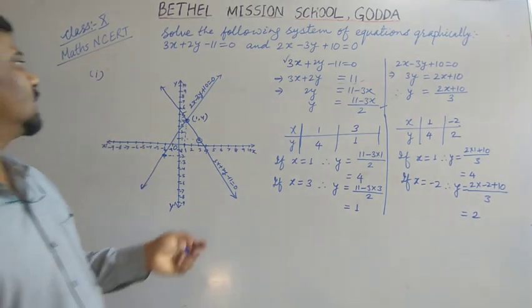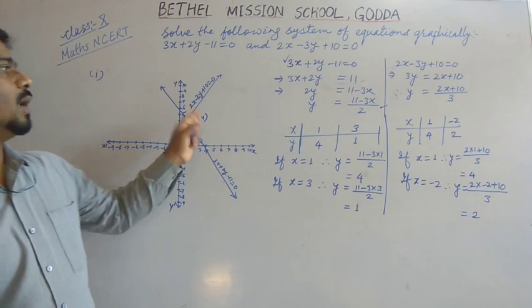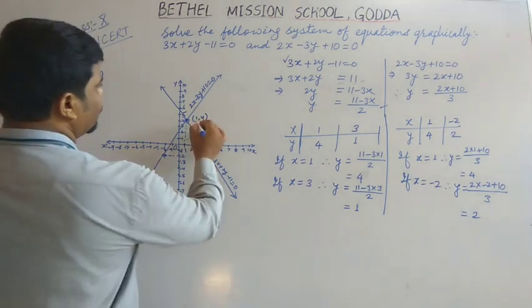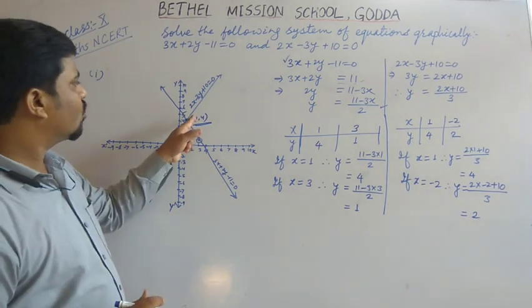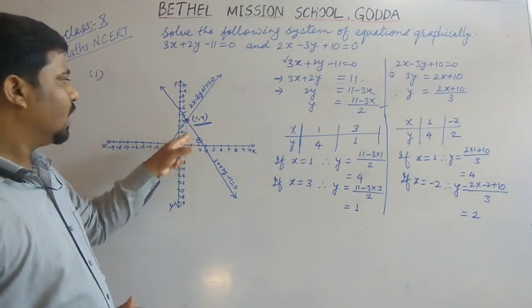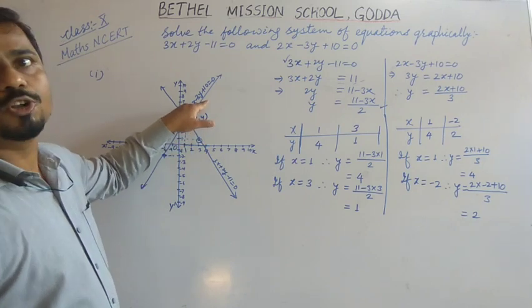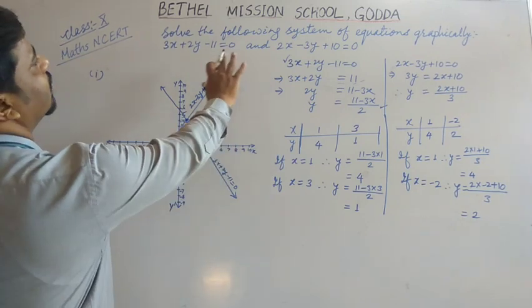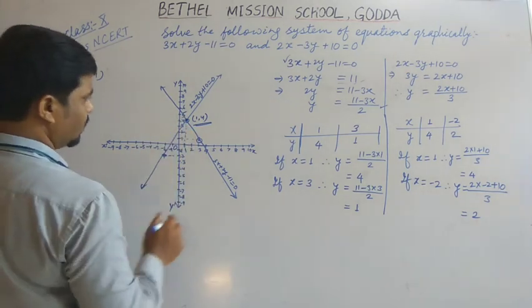It means 2 lines are there and they intersect each other in this point. The point is 1 and 4. This is the common point for both the lines and they are intersecting here. It means this is the solution of this system of equations, because the value of x is 1 and the value of y is 4. This is a consistent system of linear equations, and there is one solution.